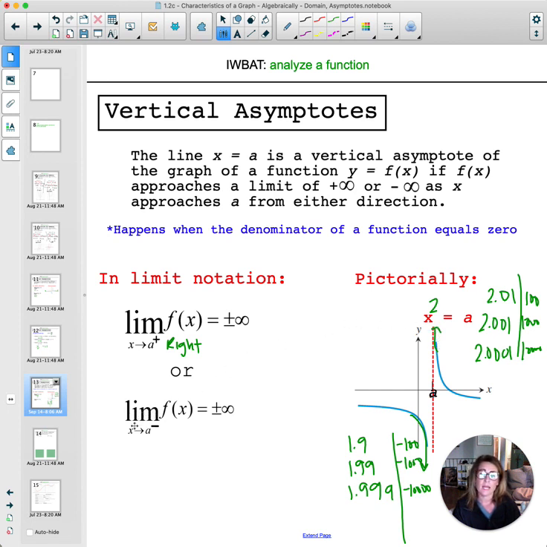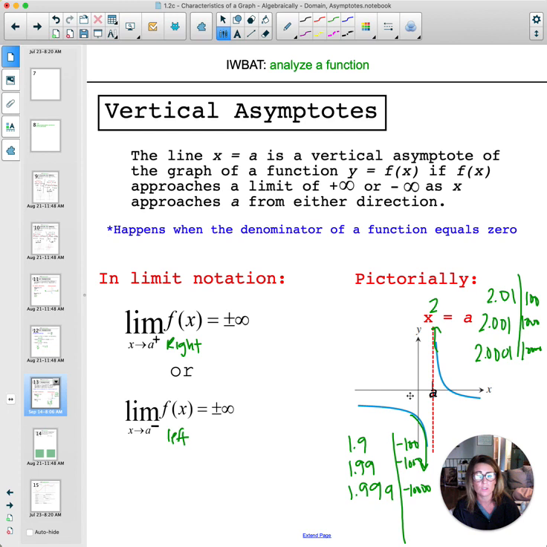Then the limit as x approaches a from the left: this negative sign means that you're looking at the left side of a. So the numbers over here as x gets closer and closer to a from the left: -3, -2, -1, 0, 1, 1.5, 1.9, 1.99, 1.999.